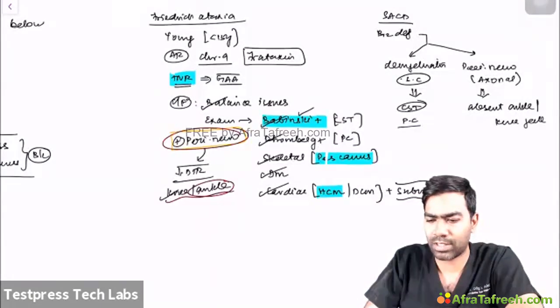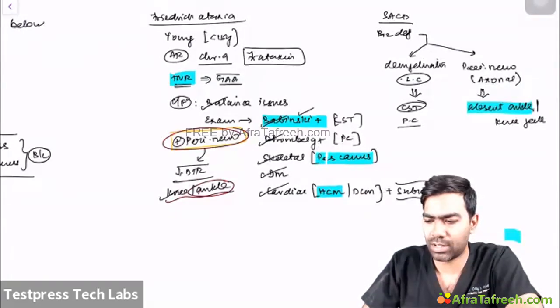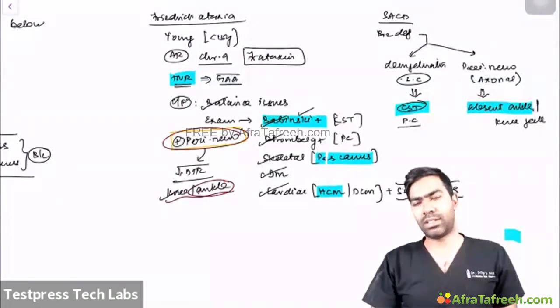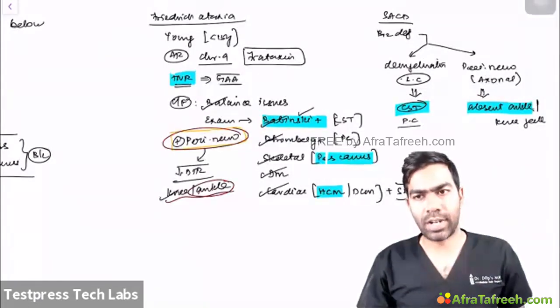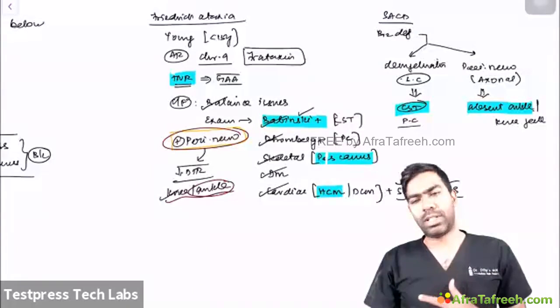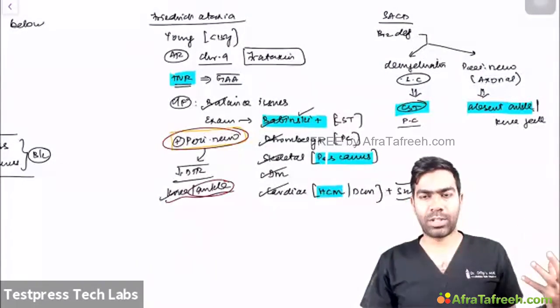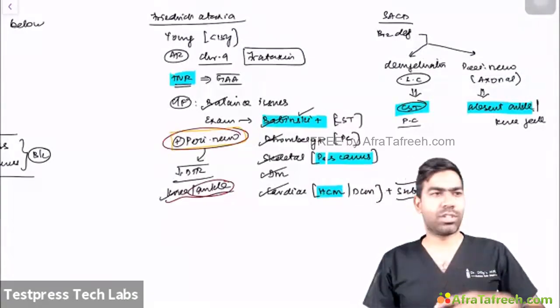So whenever they ask you about absent ankle jerk with a positive Babinski or a plantar extensor response, there are two diseases which you have to answer first. That is SACD, subacute combined degeneration of the spinal cord, and Friedreich ataxia. Remember, this can be seen in other disorders also. For example, HIV. HIV can produce HIV myelopathy. Because of that, they can produce a similar type of lesion. At the same time, HIV produces neuropathy also very commonly.